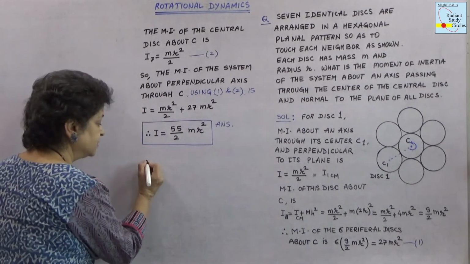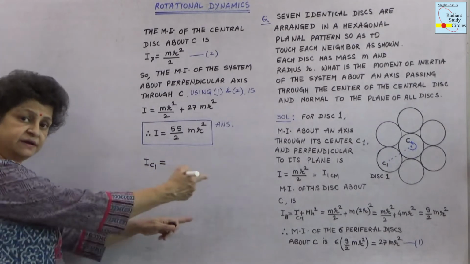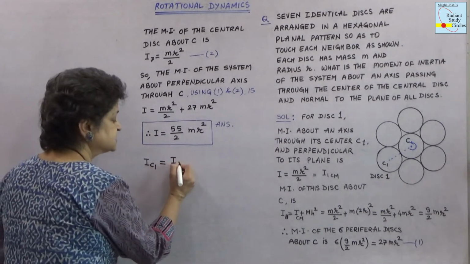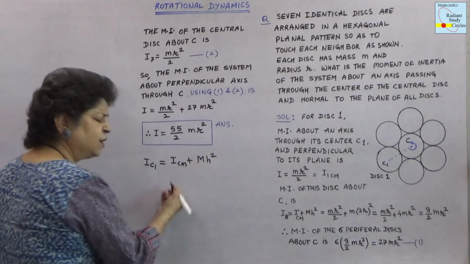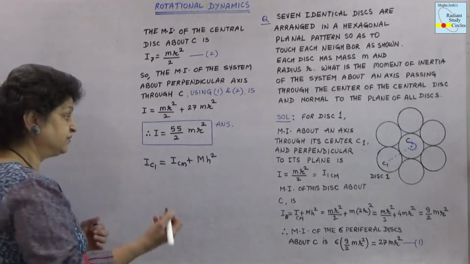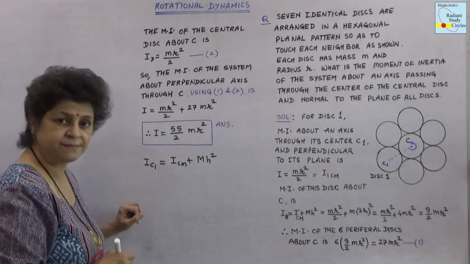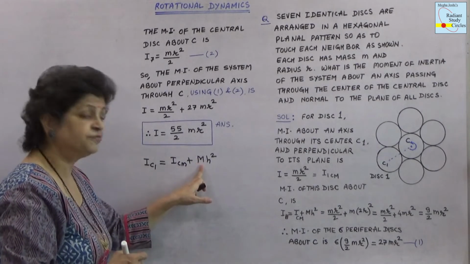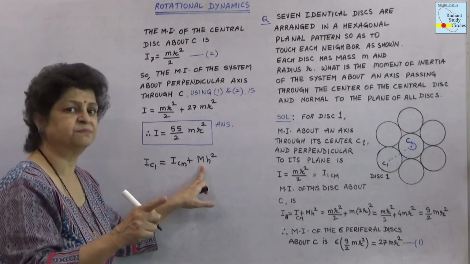So to find out moment of inertia about C1, we will once again write that same equation, I_CM plus mh square. However, the values for all these will be different in this case. What will be the value of I_CM? Well, this is the value for I_CM here. What will be the value of m? M is the mass of the system.